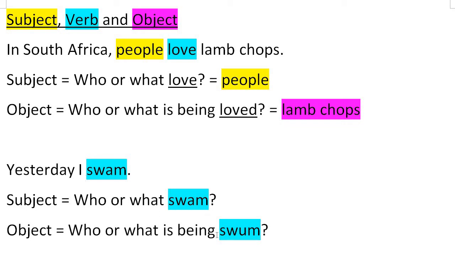Now, what is the subject? They're thinking, oh, yesterday. It isn't. Yesterday can't swim. It's a time, right? Yesterday here is an adverb or an adverbial phrase, and it's just telling you when the person swam, and that's kind of important.